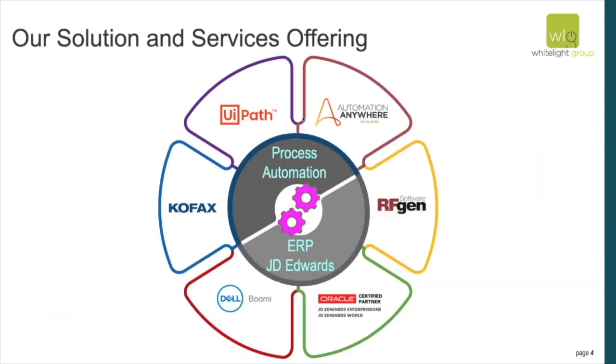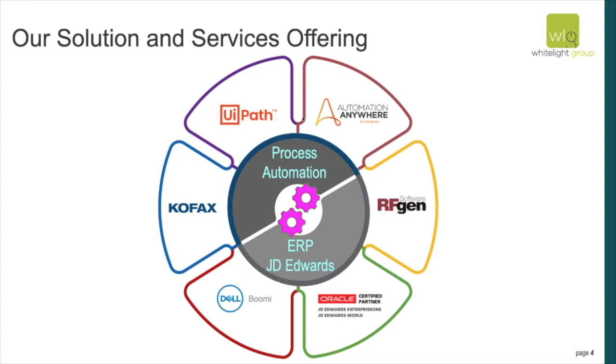As an Oracle partner, we have worked with many clients to provide support assistance with JD Edwards ERP platform. As time went on, we found that RPA was a natural progression for White Light Group, as everyone we work with seemed to be process focused in all of our activities. Our 3 primary areas of focus are JD Edwards, consulting, ERP software integrations, and last but not least, what we're talking about today is RPA.